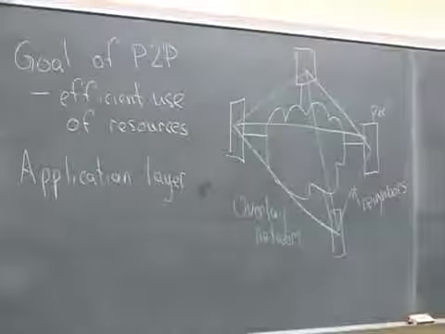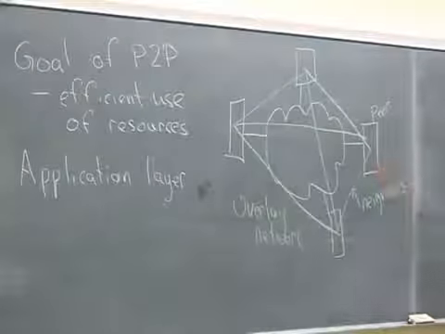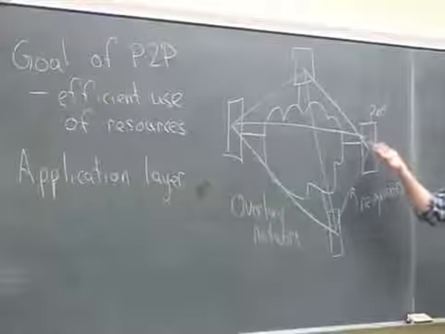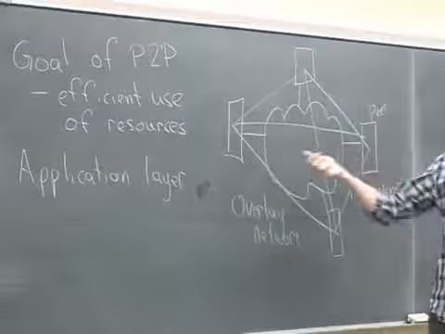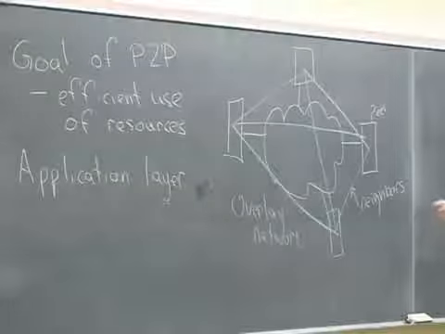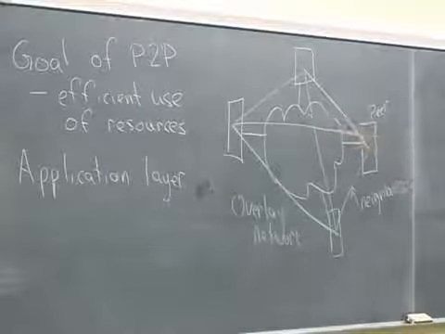Okay, so now these logical links might go over multiple physical links. For instance, this peer may be connected to the internet through Wi-Fi, which then goes across some access network to a transit network and so on. But we can abstract away all those multiple links into just this one overlay edge, okay?